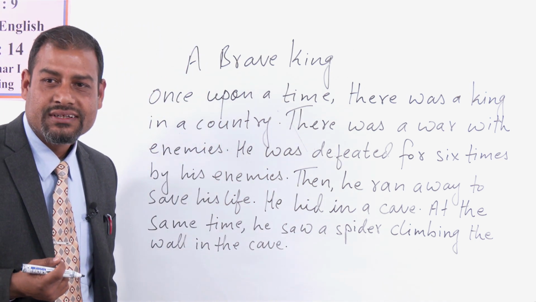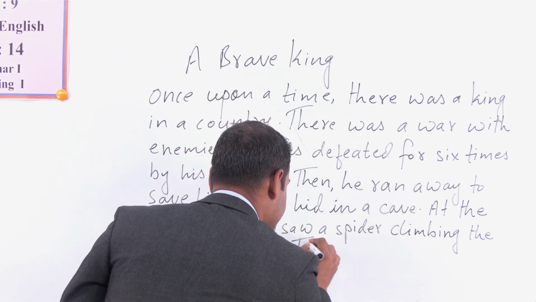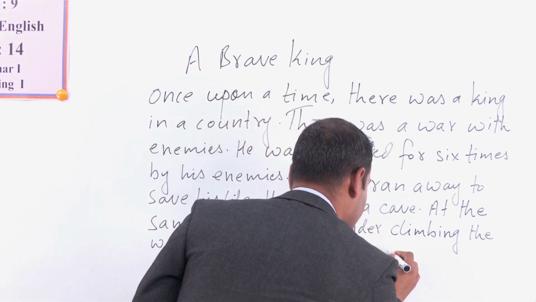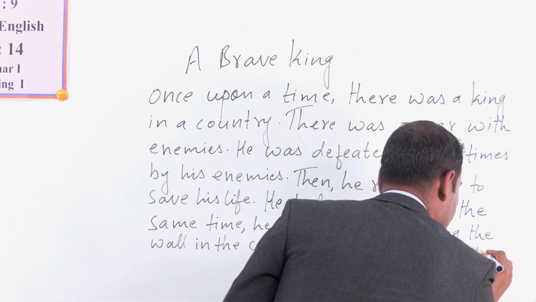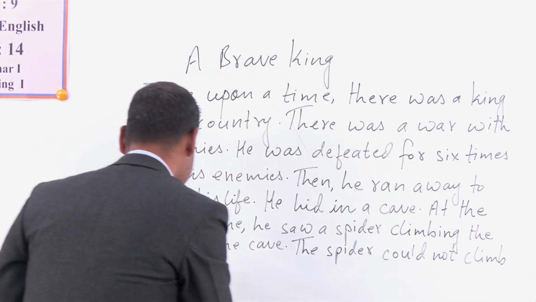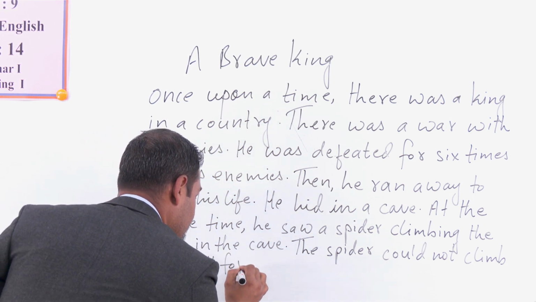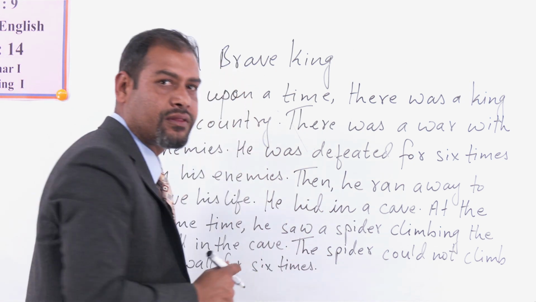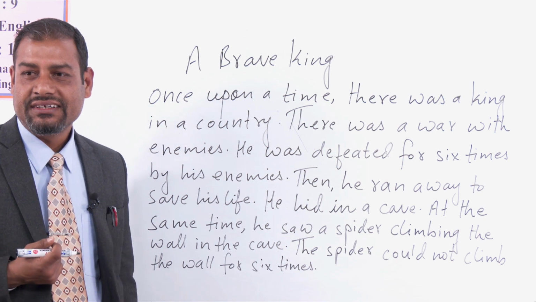Then what? Fails for 6 times. So you can add the spider could not climb the wall for 6 times. Then what is there?